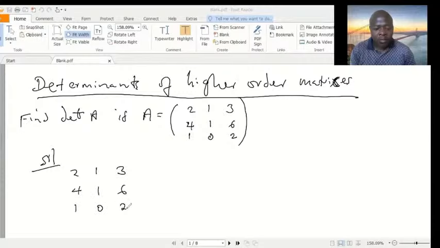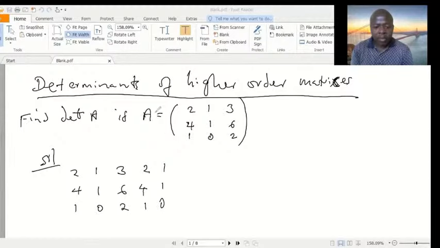I'm showing the easiest way to find the determinant of a 3 by 3 matrix. And then take these 2 columns and add them here. I've added the first column, then add the second column.